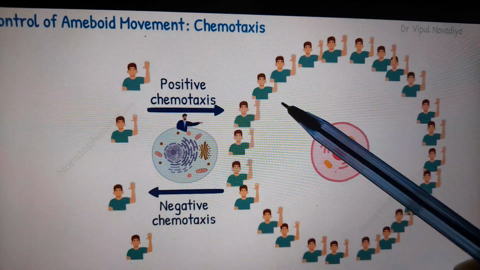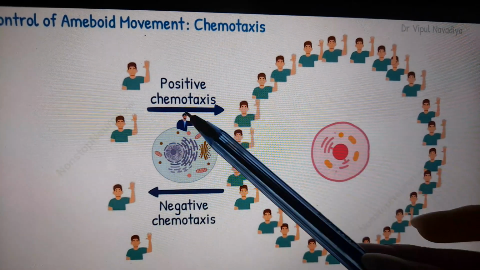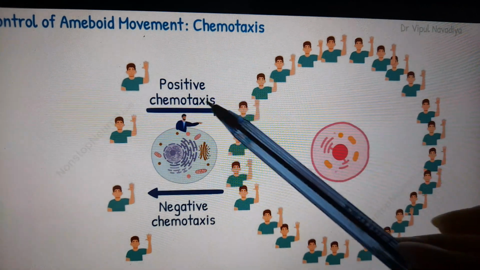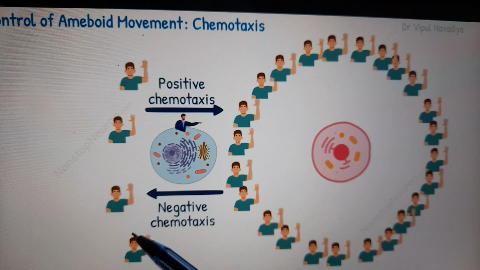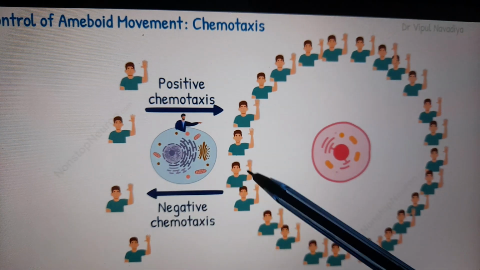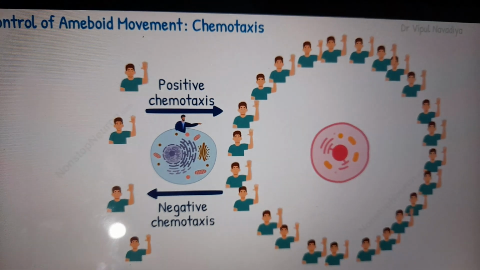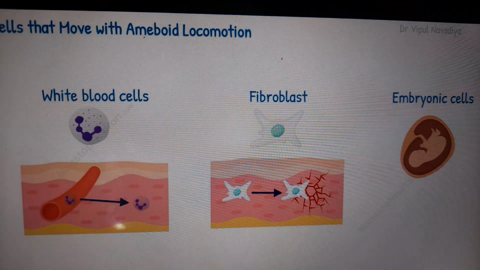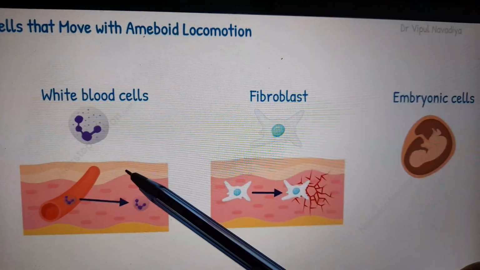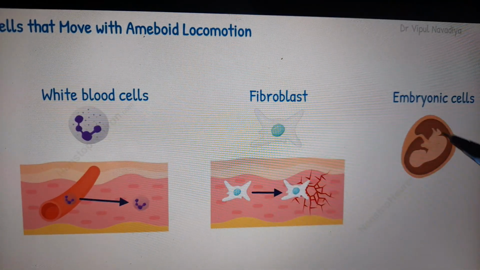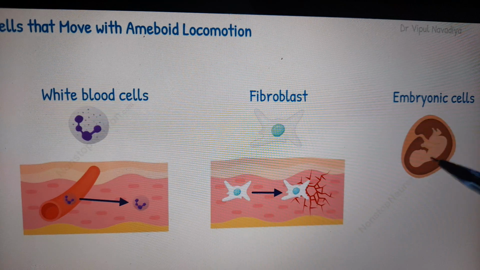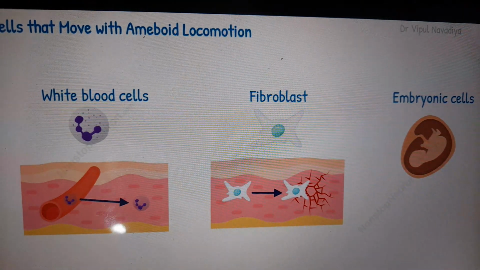Moving towards an area of higher concentration of the chemotactic particles is positive chemotaxis, whereas moving towards an area of lower concentration of the chemotactic particles is negative chemotaxis, or away from the positive stimulus. The main cells that do the amoeboid locomotion are white blood cells, the macrophages, the fibroblast cells, and the embryological cells, which are involved in the formation of the embryo.